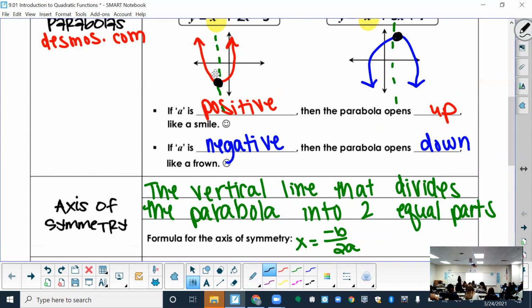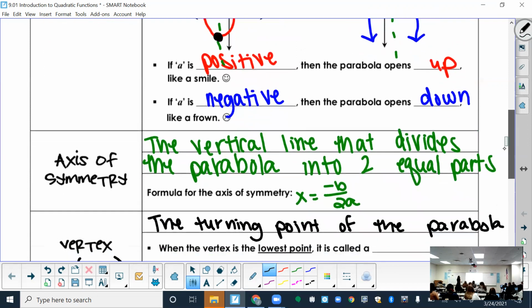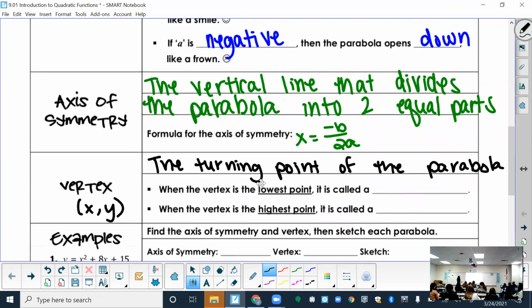So in that case, for positive, since it's at the lower point of the graph, the vertex is going to be called a minimum. That's the smallest point that it could be. Minimum, like minimum weight. Lowest you get.